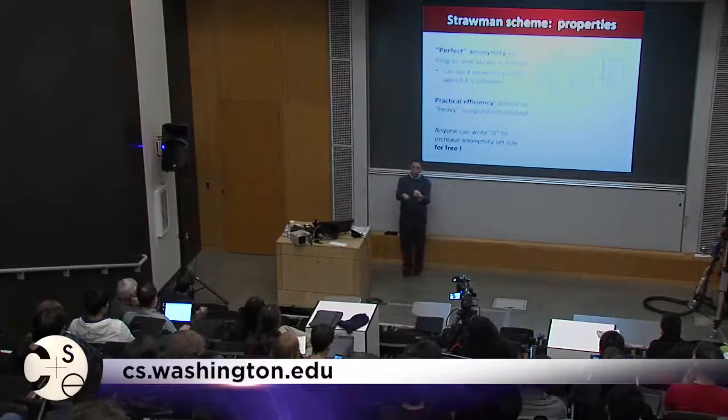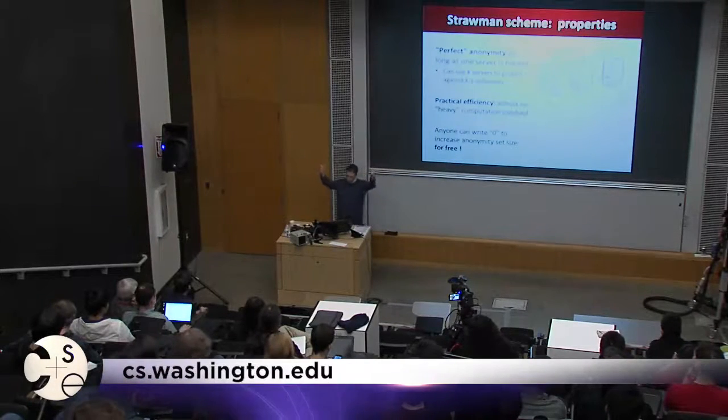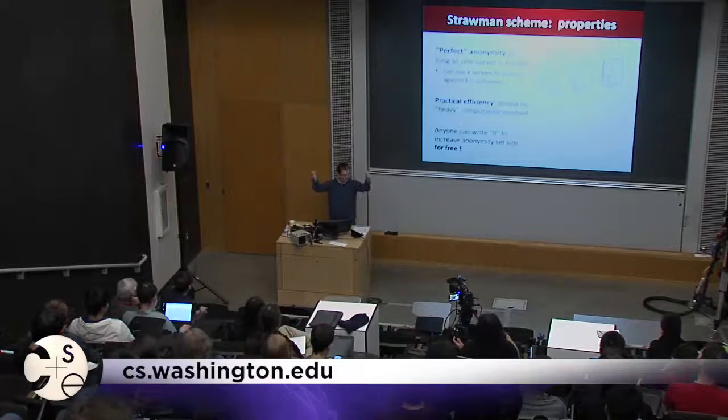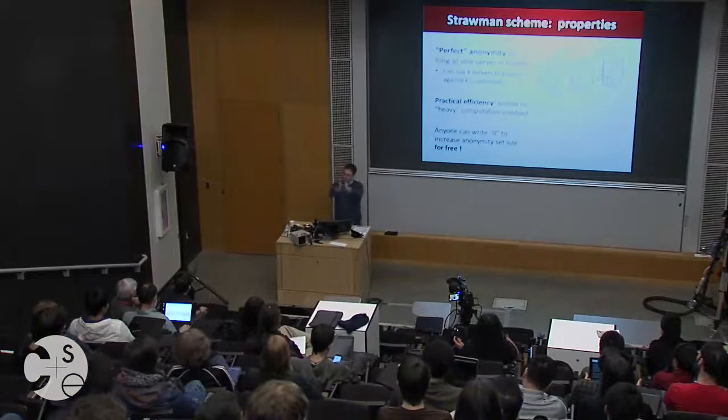That just means generate two random vectors that sum up to 0. Send the two vectors to the two servers, and now you are part of the anonymity set, even though you didn't write anything.